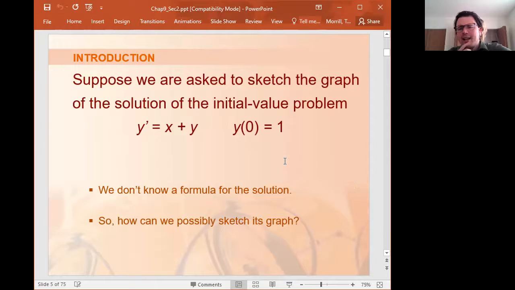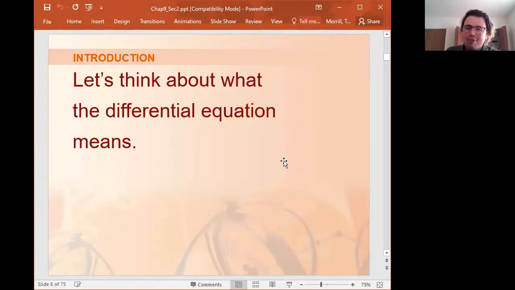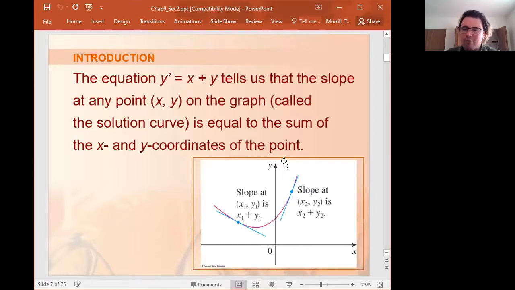So I don't know exactly what coordinates the solution will pass through, to begin with. But I'm saying that if I did know they ran through some particular coordinate, I'd be able to calculate the slope because I have a formula for the slope. That's what the differential equation is.